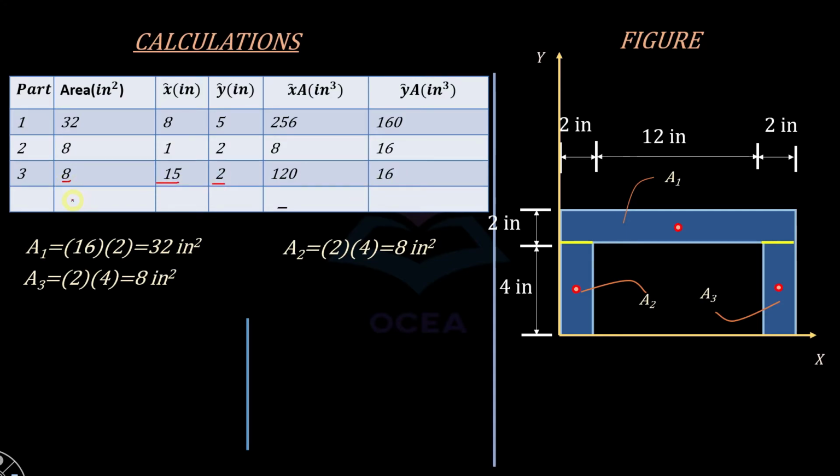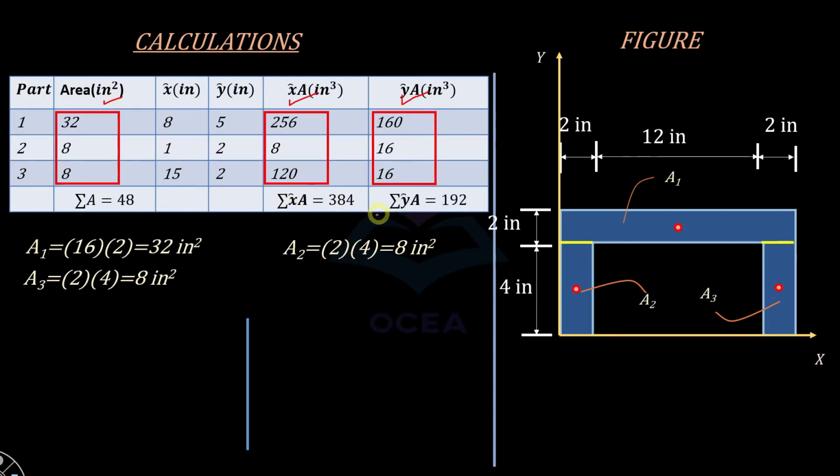Now we are going to take the summation of this column and this one and y into a. So summation of area is equal to 48. Summation of the product of x into a is equal to 384, and summation of the product of y into a is equal to 192.